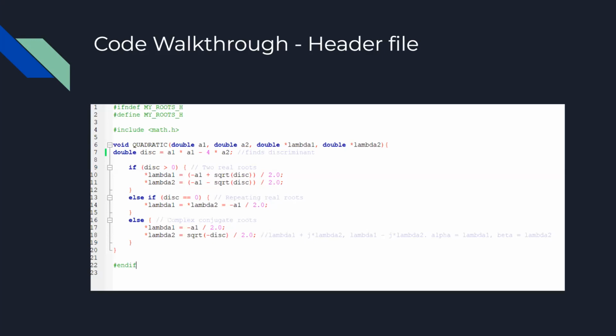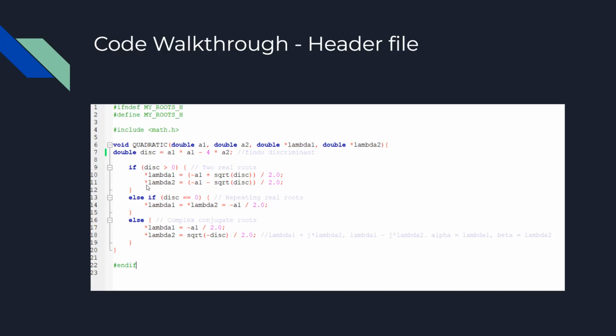First off, we have the header file. As you can see here, I defined it to be named my roots, and I created a user-defined function within this header file that would find the roots of the given equation. It takes arguments but does not return any value, and it uses the discriminant and conditional statements to decide how lambda1 and lambda2 should be equated.